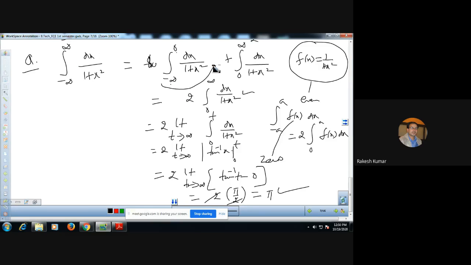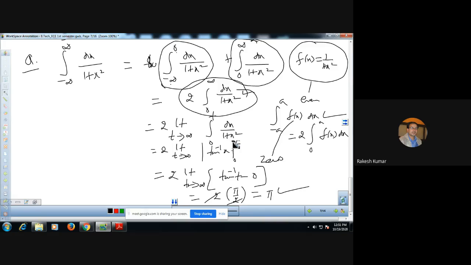This is the second case, improper integral of the second kind, and this is improper integral of the first kind. First kind means upper limit is infinity. Second kind means lower limit is infinity. So you always break this into a sum of two integrals, and using the even property, this becomes twice by this rule, and now simply integrate it.